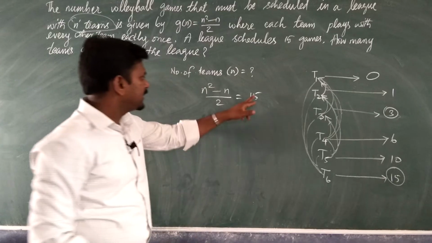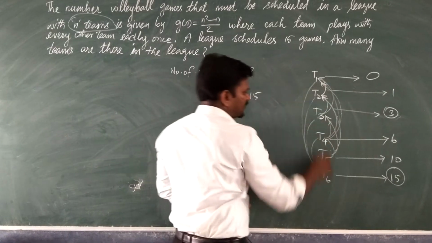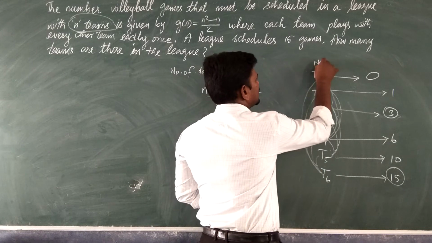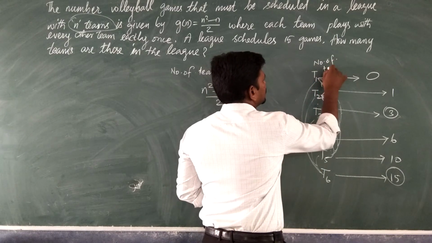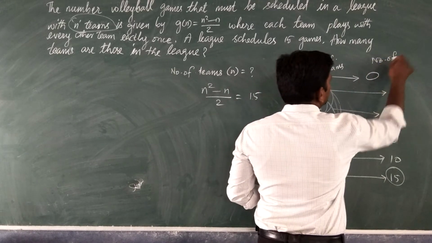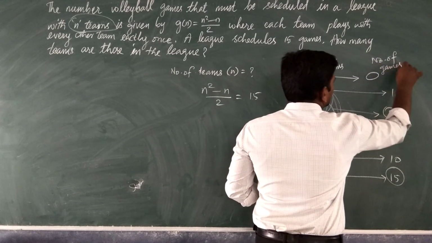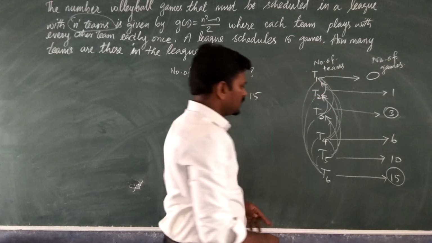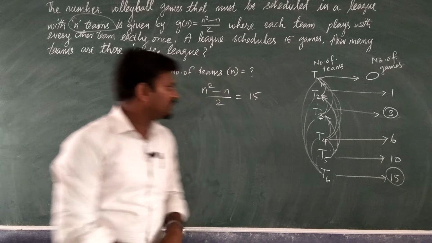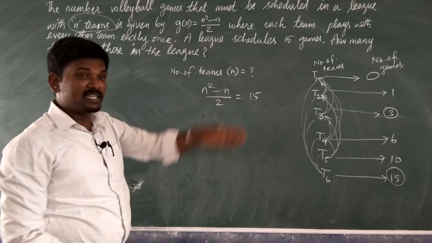So this is the number of teams, first 1, 2, 3, 4, 5 and 6, and this is the number of games, matches. So when there are 6 teams, they can play 15 matches according to this condition.